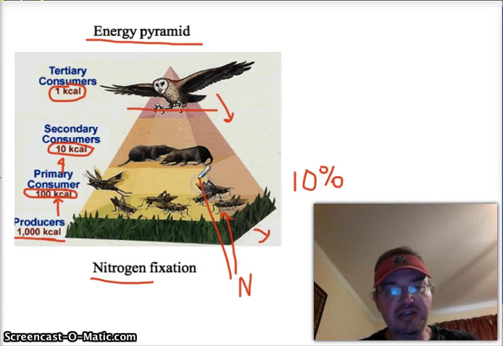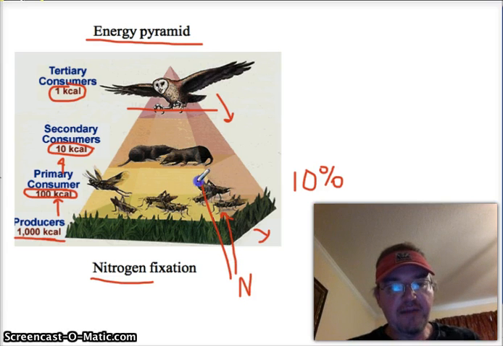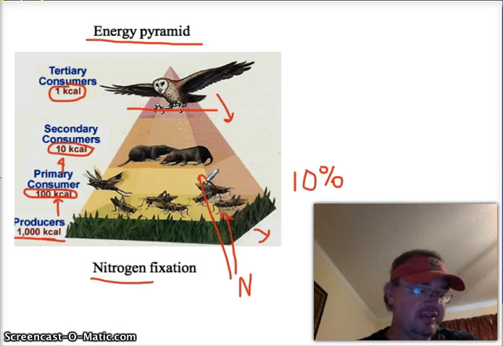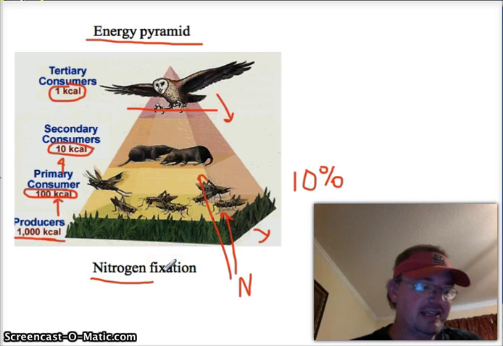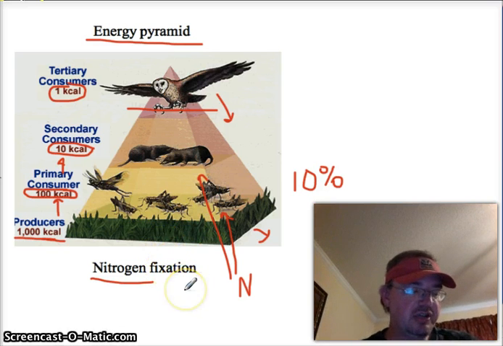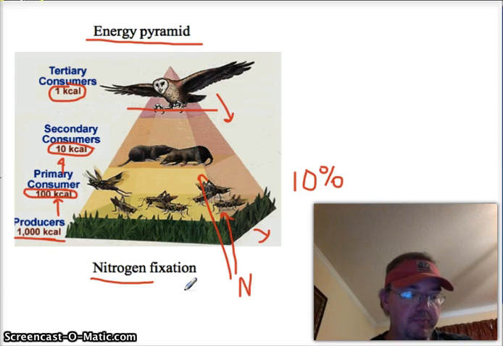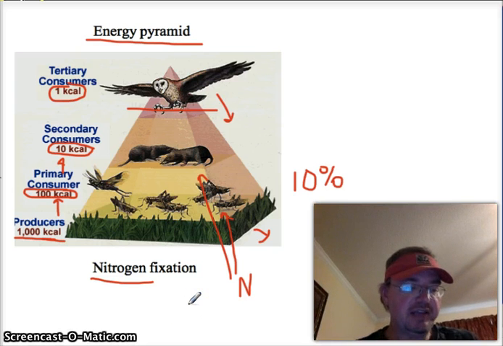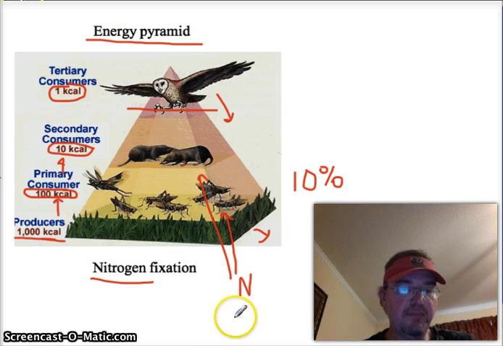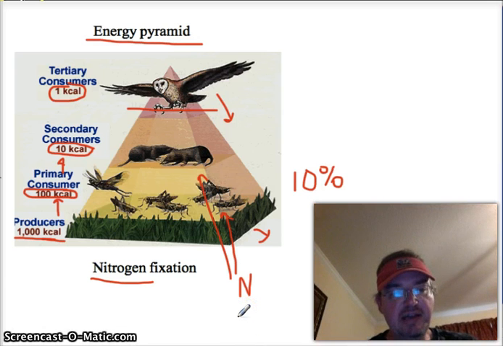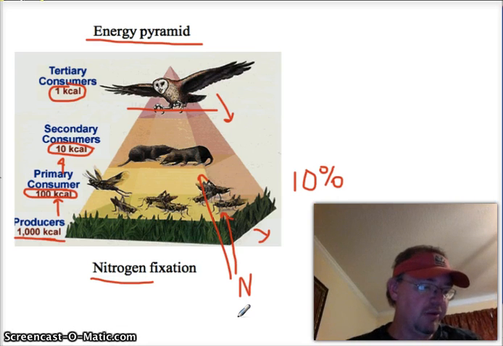And the process of combining nitrogen with other things is called nitrogen fixation. Now, you have to have bacteria in beans and peas and peanuts and so on that fix the nitrogen, that break down the nitrogen to where it can be used by the animals and by the plants.